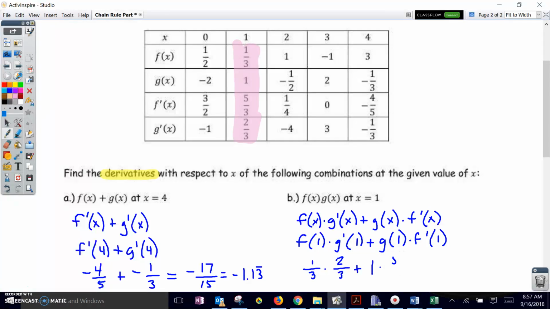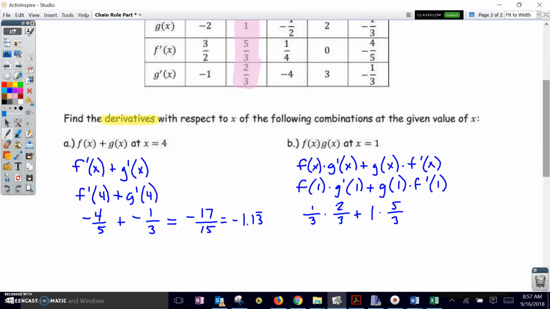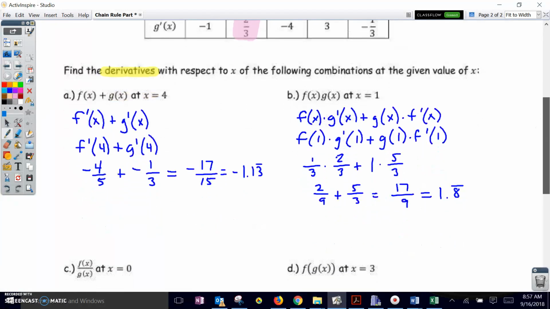And f prime of 1 is 5/3. And so this ends up being 2/9 plus 5/3. I convert those all over to ninths. It's 17/9. Or for those of you who like the decimals, 1.8 repeating. Alright, on to part C.